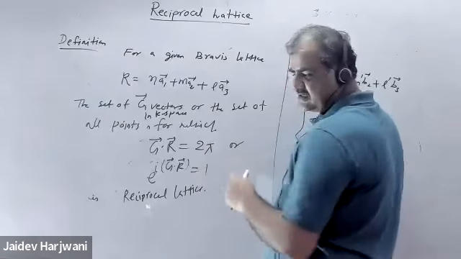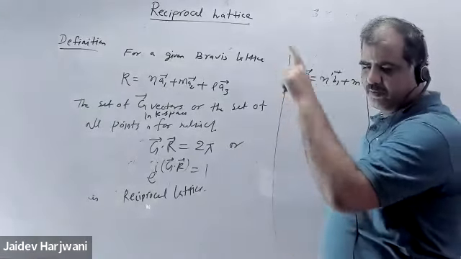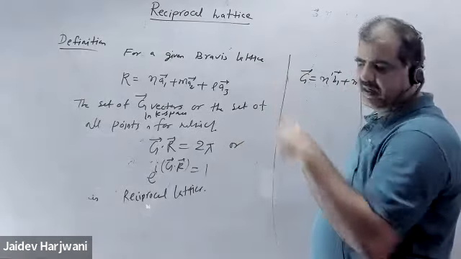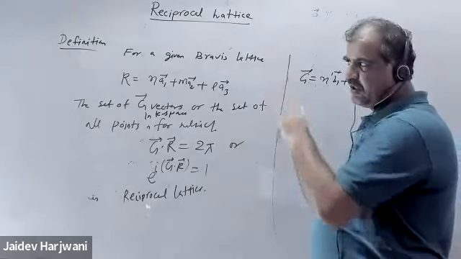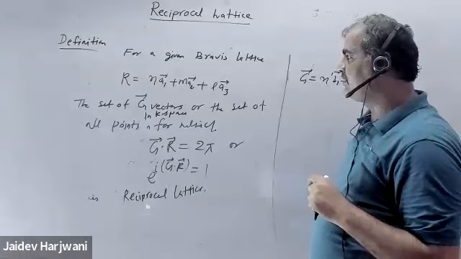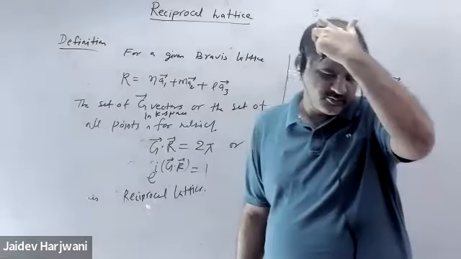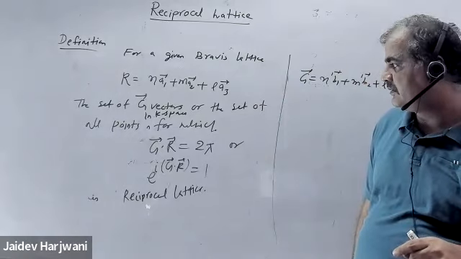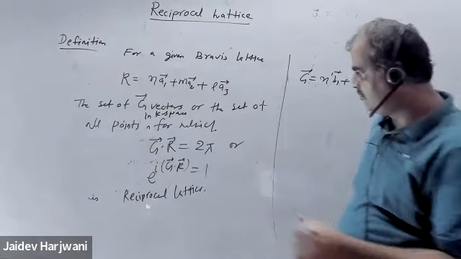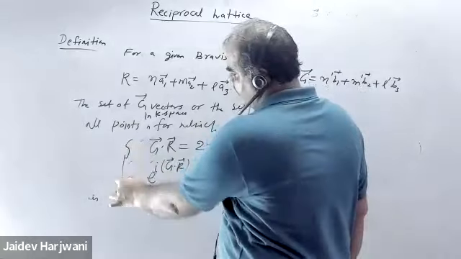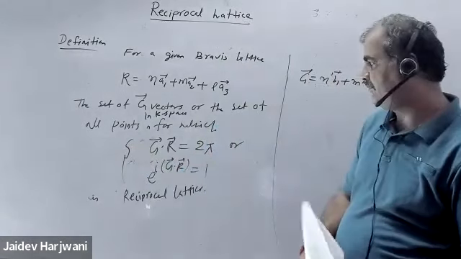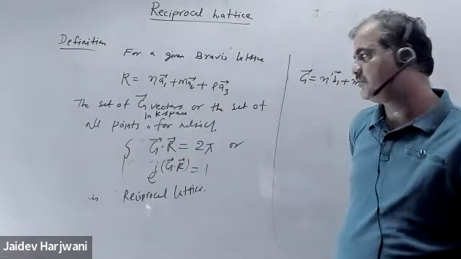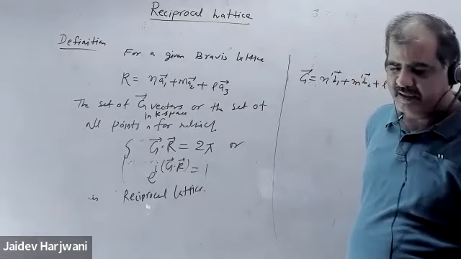If this property is satisfied, then all those points will constitute your reciprocal lattice. Is this definition clear to you? Sir, both conditions are equivalent, right? G dot R equals 2 pi. Both are equivalent. Yes, if one is true then the other will also be true.